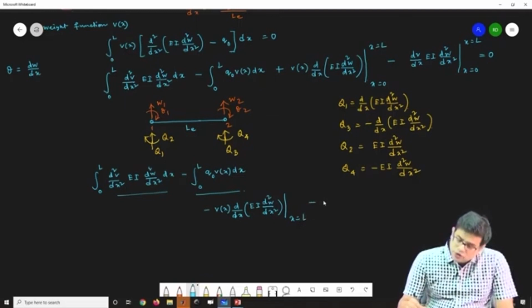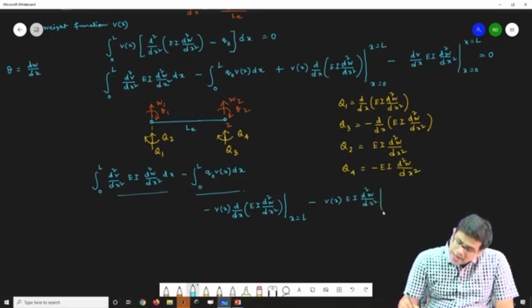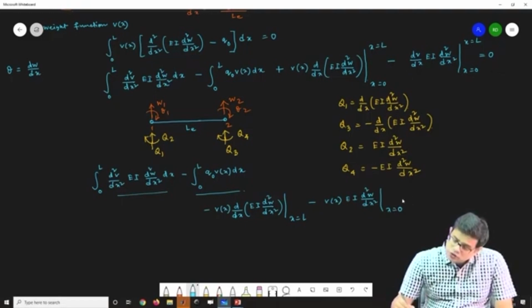Then the next term will be V and EI d2w/dx2 at x equals 0, and then this term will also come.